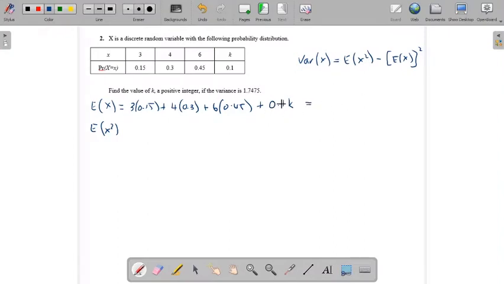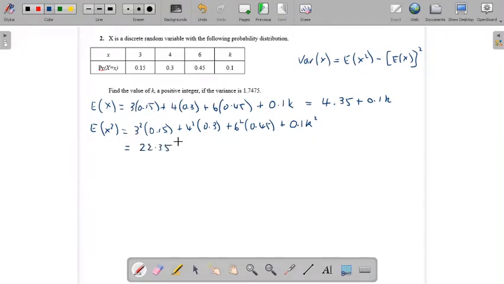Okay, the simplified value for that is 4.35 plus 0.1k for E of X. All right, so working through E of X squared and simplifying these values, we will get 22.35 plus 0.1k squared.